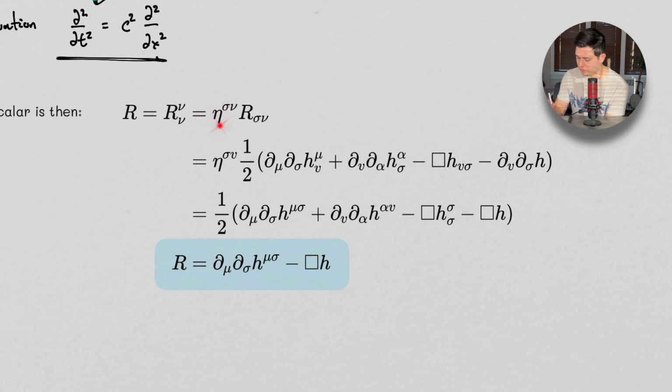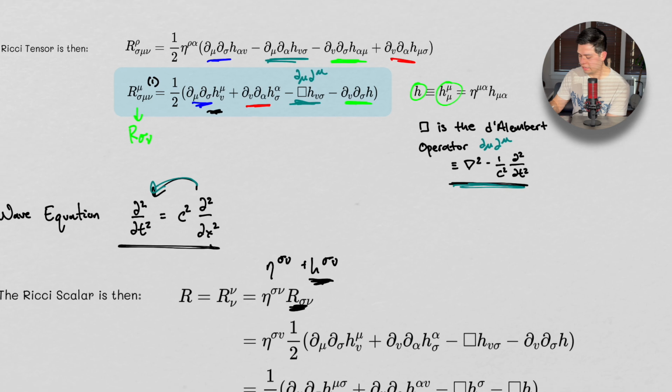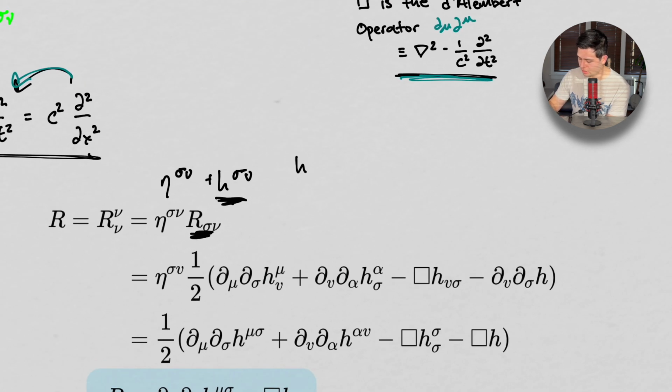And we're going to use the Minkowski metric here because if we multiply by minus h sigma nu, or plus, anything that gets multiplied by terms in here, we're going to get higher order terms in H, and we're going to ignore those terms, okay? Because those are small. The idea here is that this H is very small, okay?